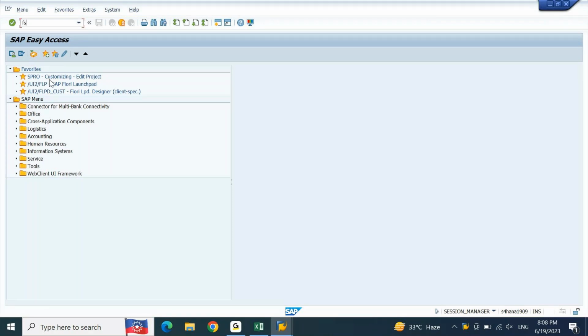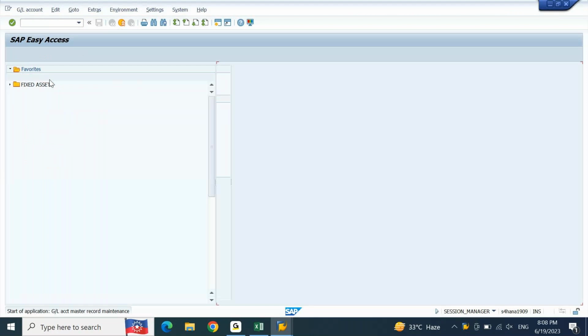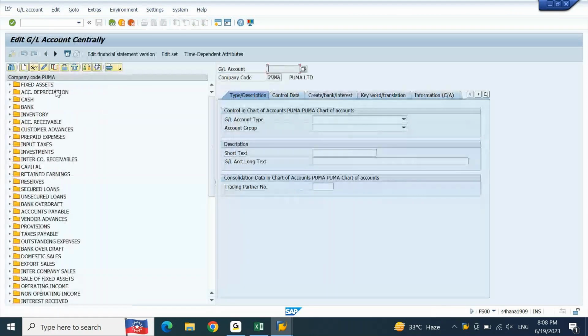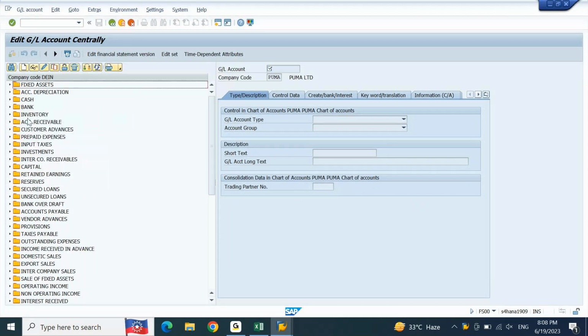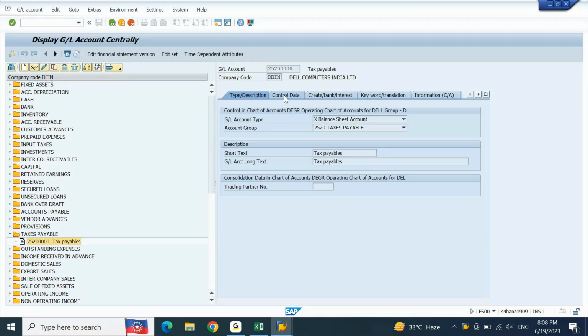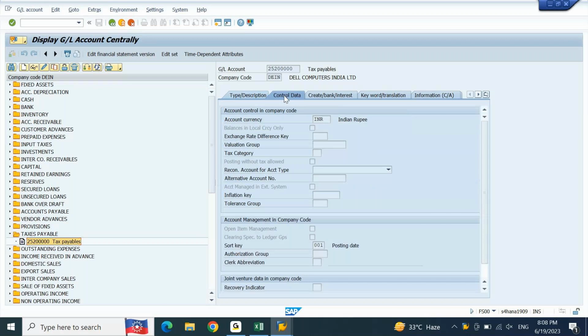I'll take any one GL account. Let me use this GL account, tax payable, or simply I'll use outstanding wages.